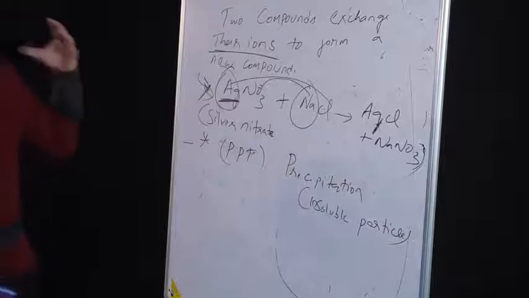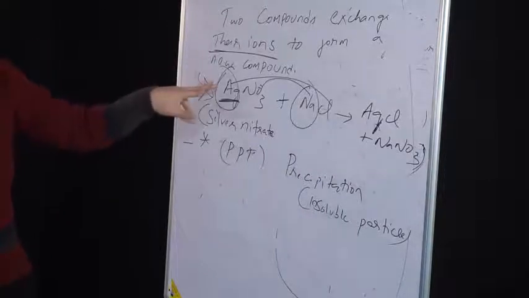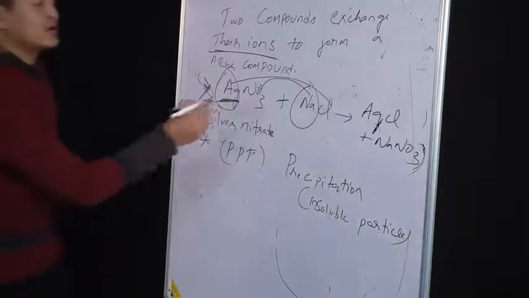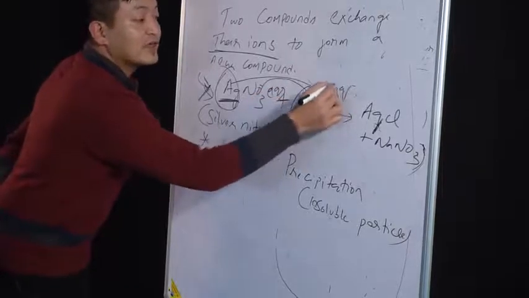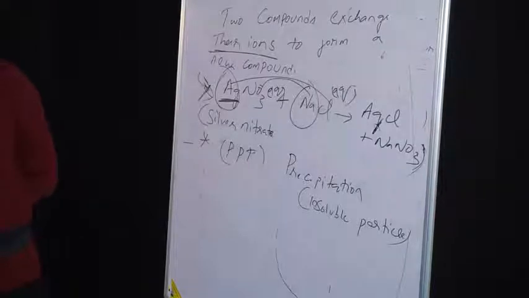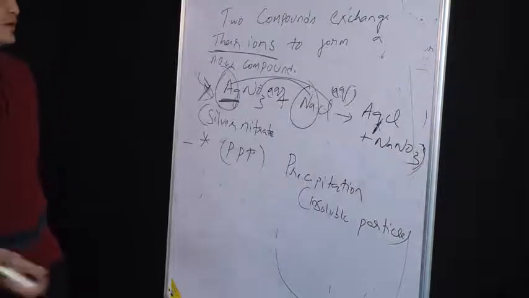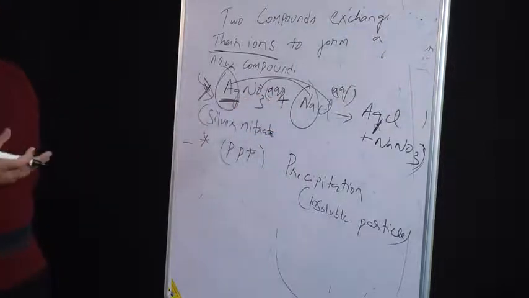Another condition for this reaction is that we have two compounds, and both will be in aqueous solution. In a chemical reaction we show aqueous with AQ. Clear? AQ. A like in apple, Q like in queen. So what is an aqueous solution? I'll repeat it again. It is a solution mixed with water.